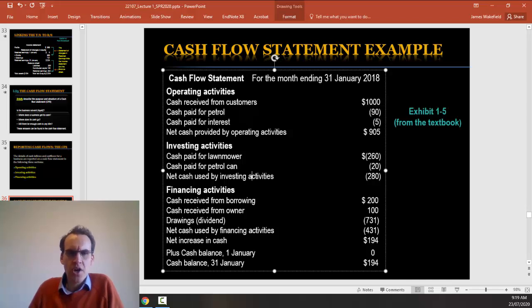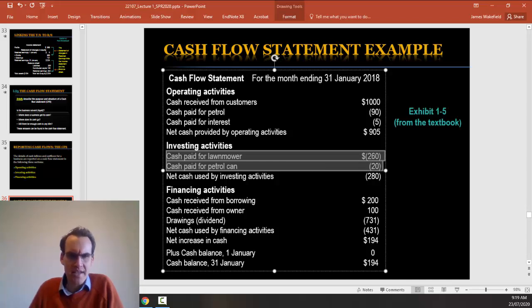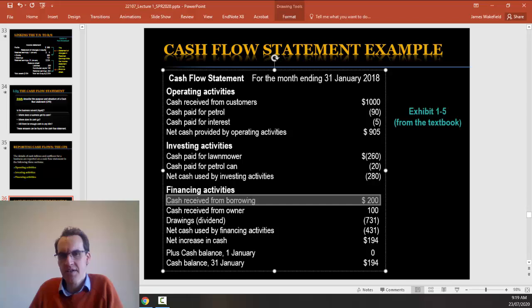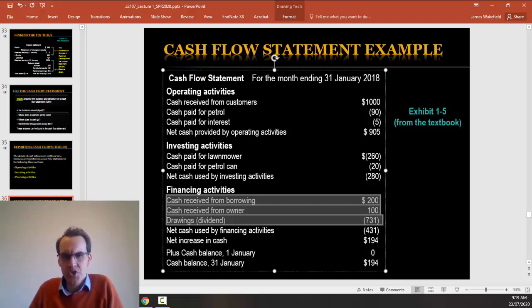Okay, so they invested in buying a new lawnmower, a petrol can, which is an asset which helps them generate future profit. So that's an investment. And then we look at the net cash used by investing, which was the sum of the lawnmower plus a petrol can, which is a $280 outflow. We had financing, which was cash received from borrowing, cash received from the owner. We then had distributions to the owner, and we had net cash used by financing activities.